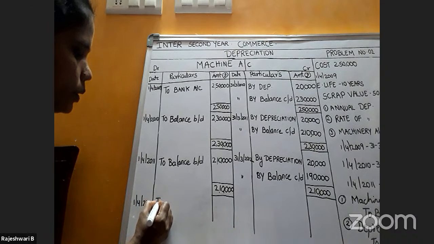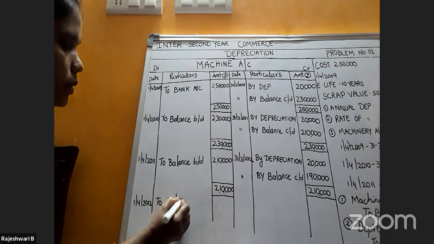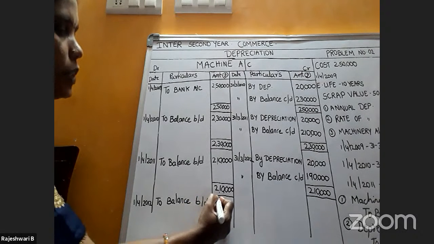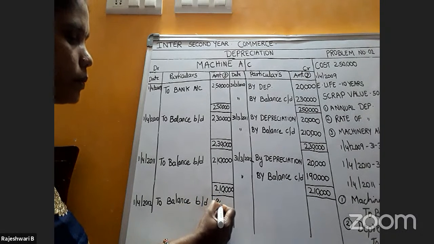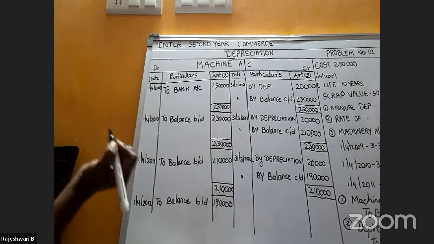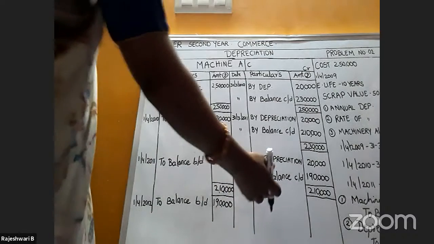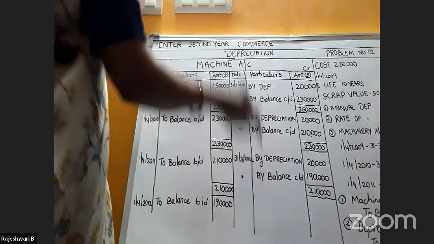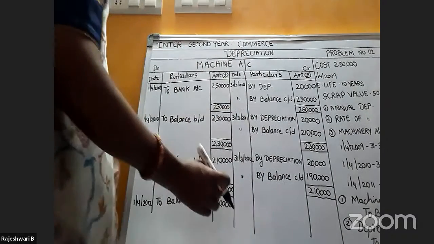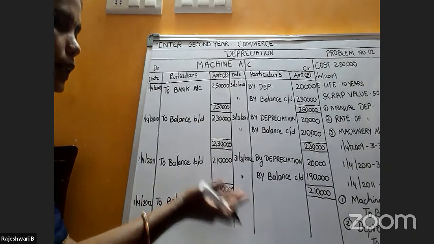To balance brought down, 1,90,000. Here we need not write depreciation because they asked us to prepare only for 3 years. This amount will be carried forward to the next year.